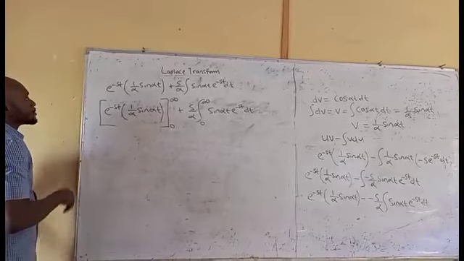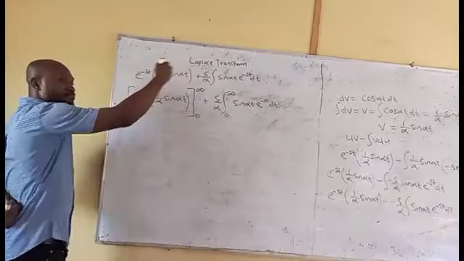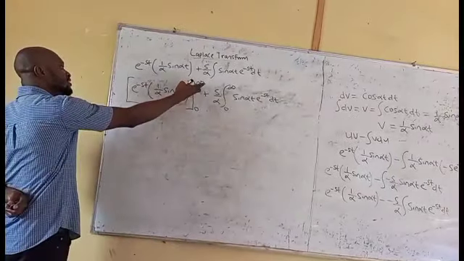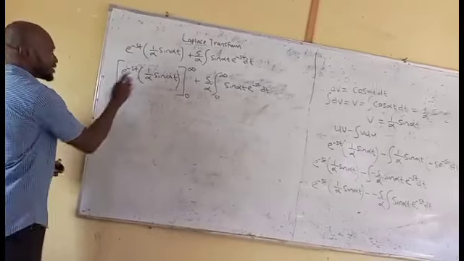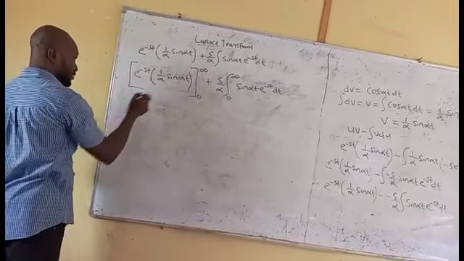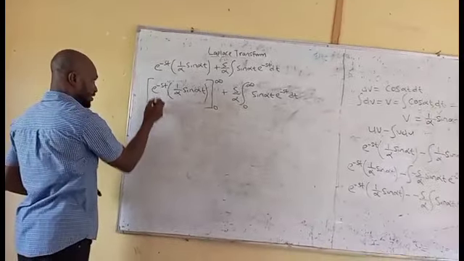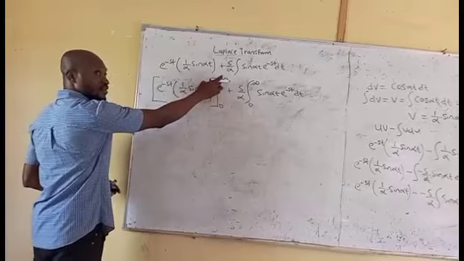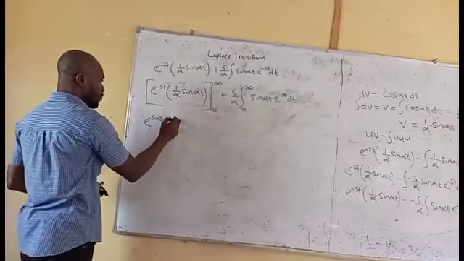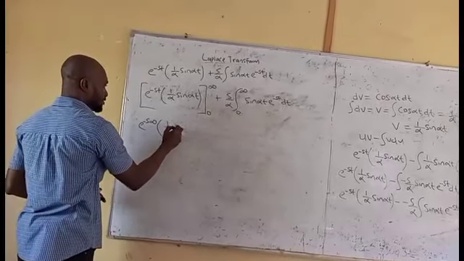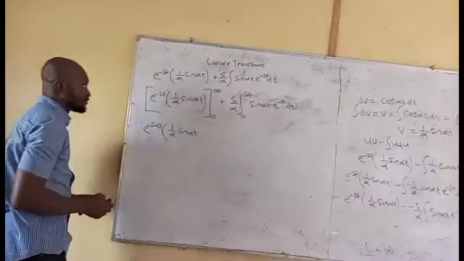Now, what do I do? I need to evaluate this, taking my upper limit minus lower limit. My upper limit is infinity. Lower limit is 0. So I start with the infinity. I have exponential minus s, then our t is infinity, multiplied by 1 over alpha sine alpha t.